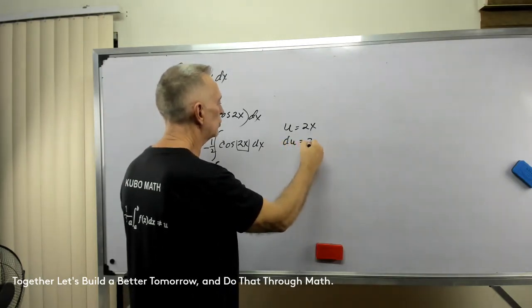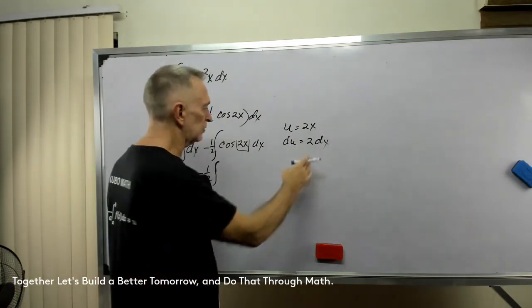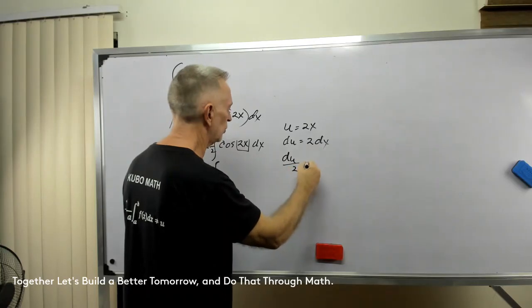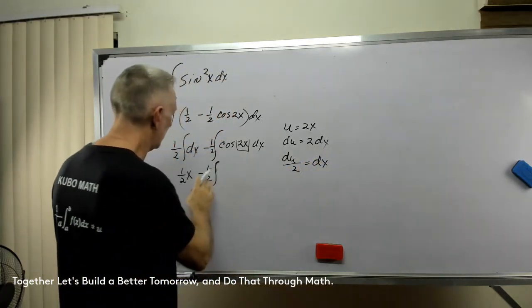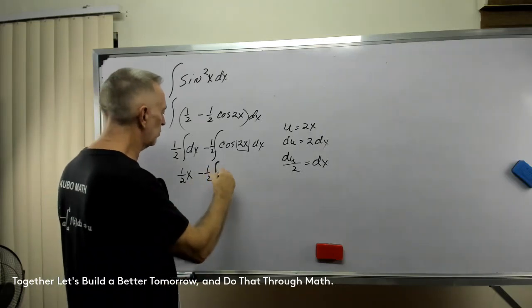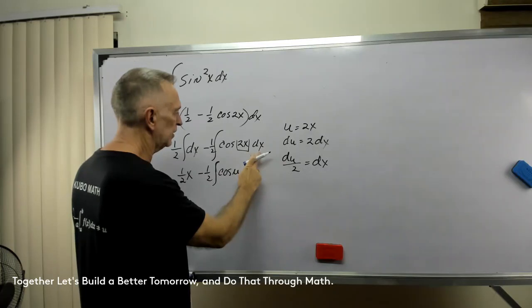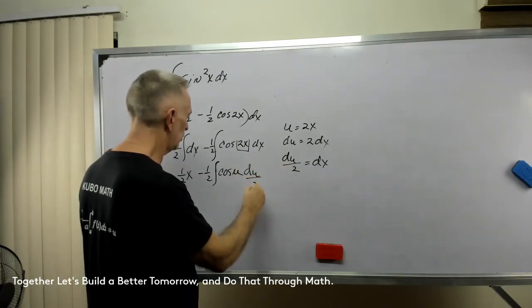Then du equals 2 dx. If we isolate the dx, dividing both sides by 2, we have du over 2 equals dx. So now we have minus 1/2 the integral of cosine u, replacing dx with du over 2.